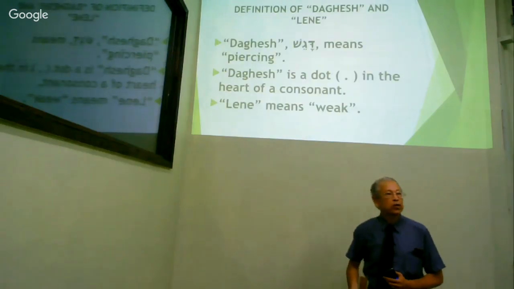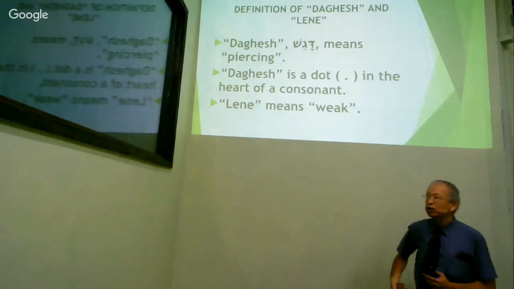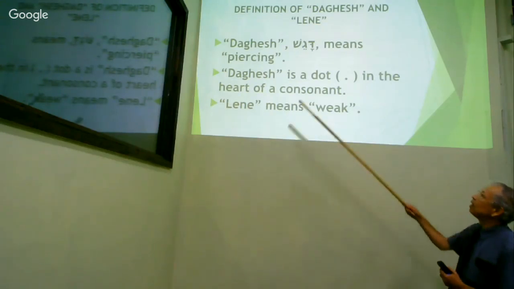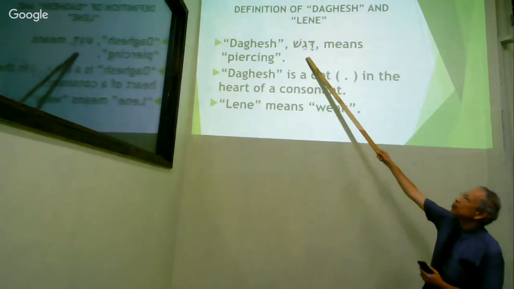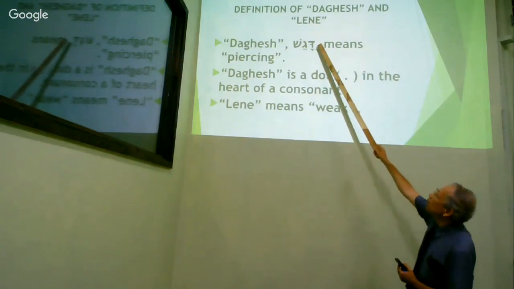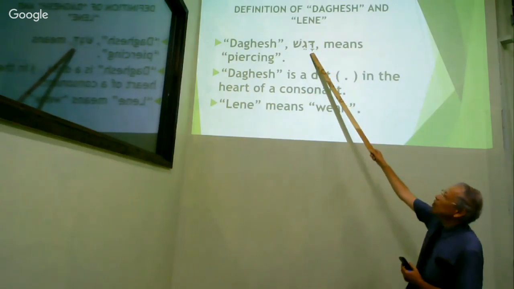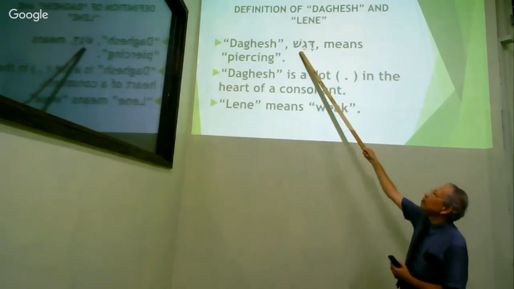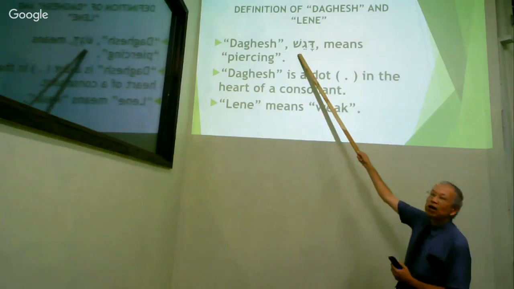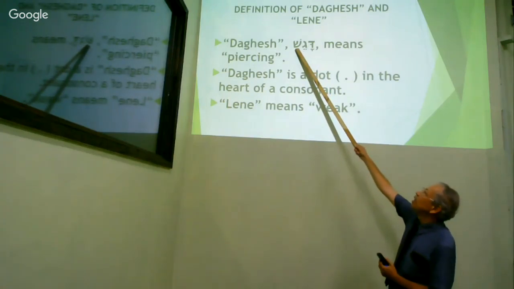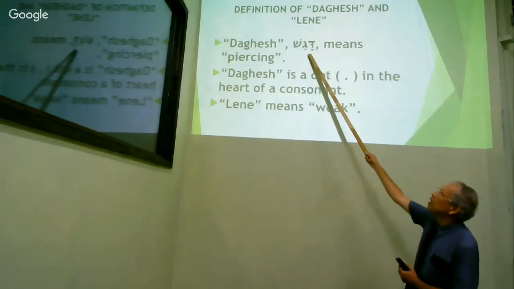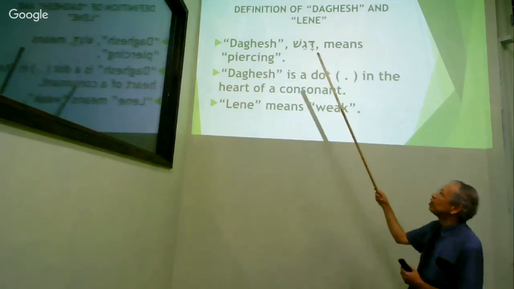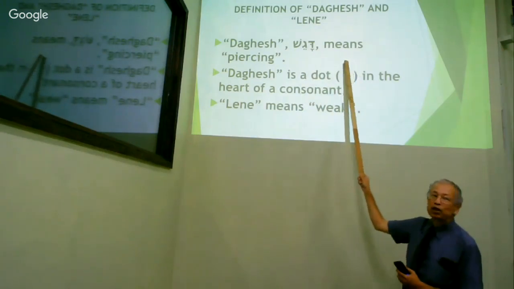First of all, let us look at the meaning of Daghesh. Daghesh is spelled like here in Hebrew: Daleth, Qames, the long A, Gimel, followed by Sere, the long E sound, and Shin. Daghesh. Daghesh means in English piercing.